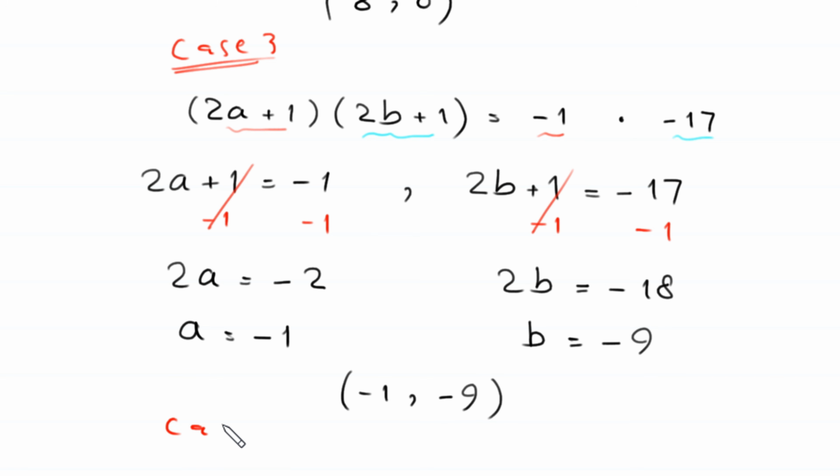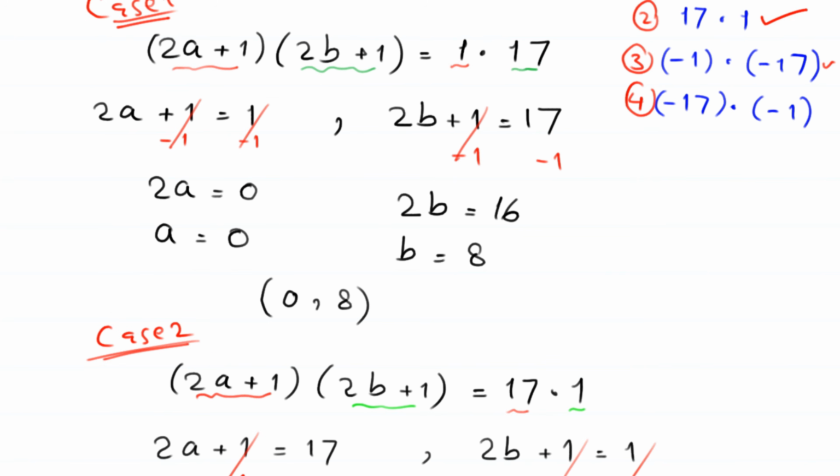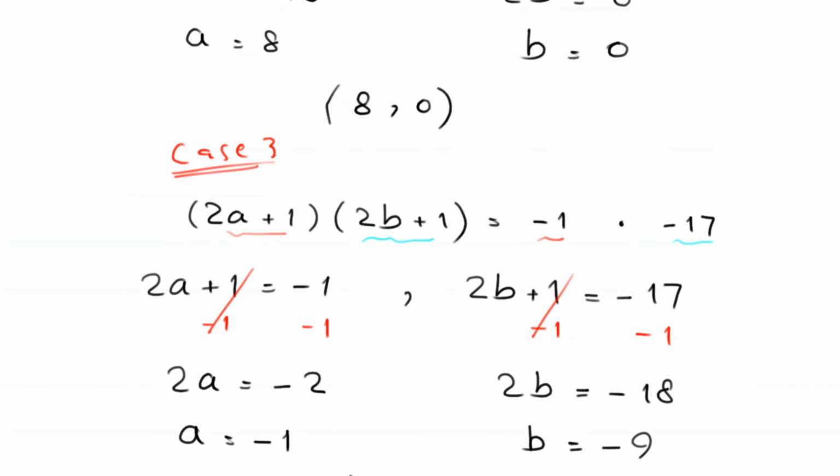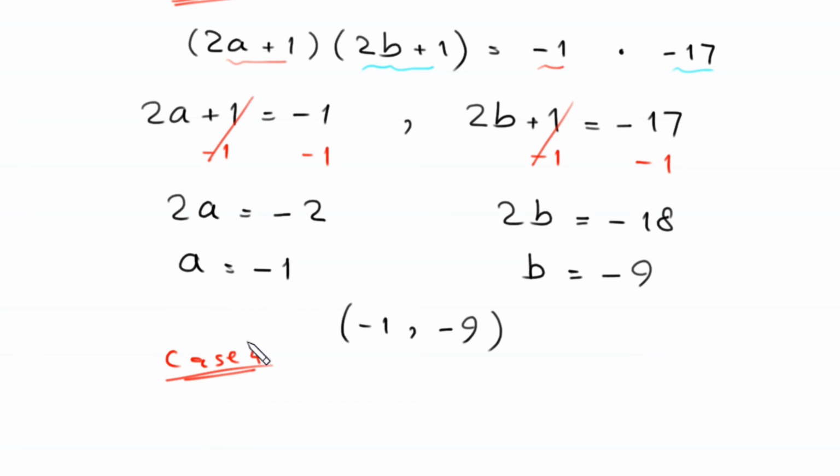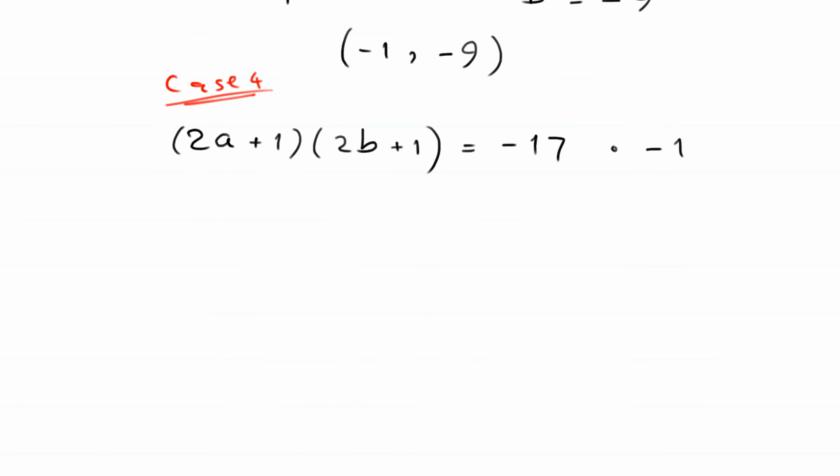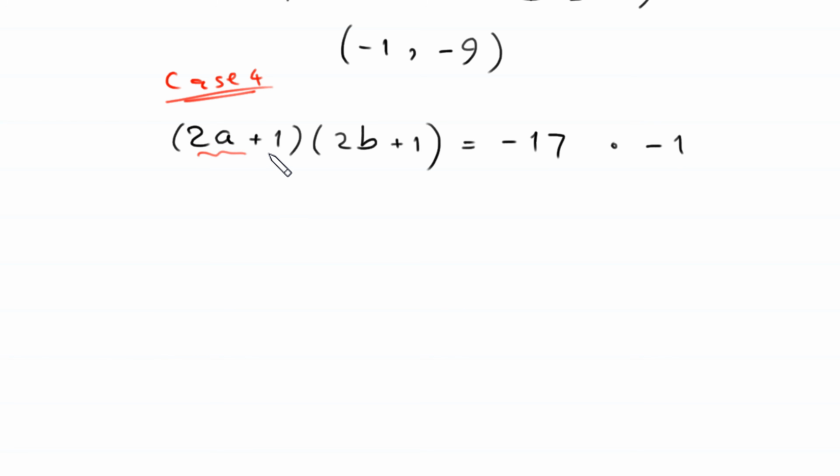Now we solve case 4. Case 4 is negative 17 times negative 1. In case 4 we write this expression 2a plus 1 times 2b plus 1 equal to negative 17 times negative 1. And we write this 2a plus 1 equal to this negative 17. We write this 2b plus 1 equal to this negative 1.